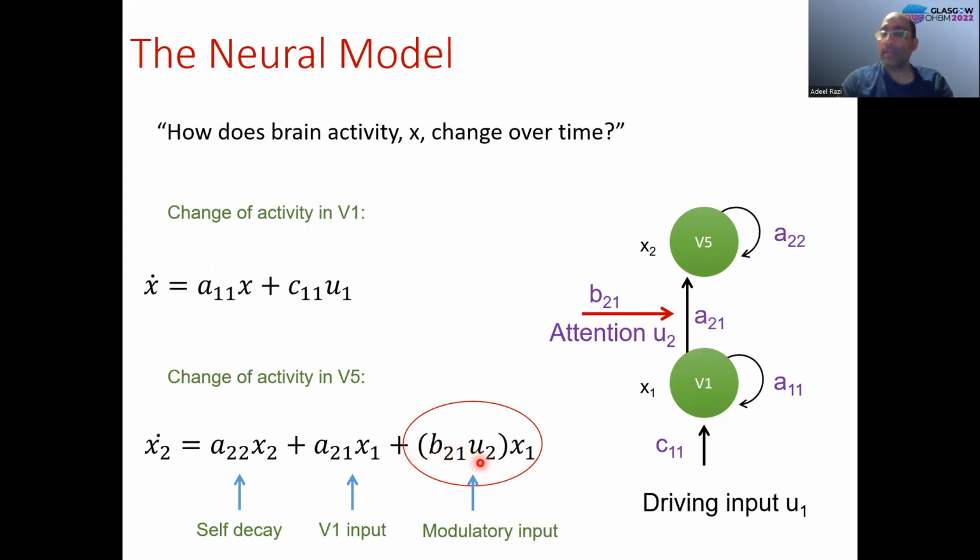And then you have U2, the attentional input, and the activity traveling from x1 entering x2. So we can now write down self-decay, a V1 input and a modulatory input. There are three components now which we use to model the change in activity in x2.